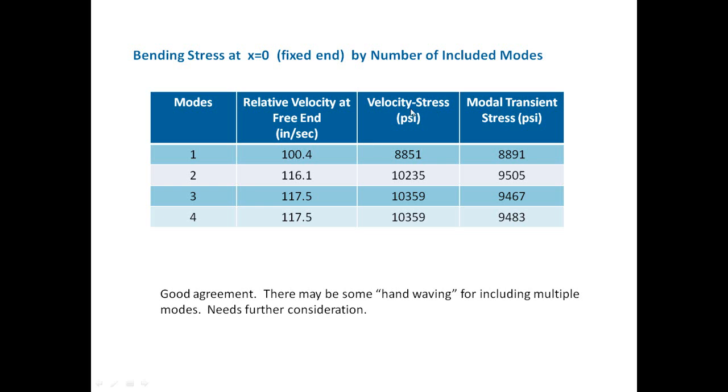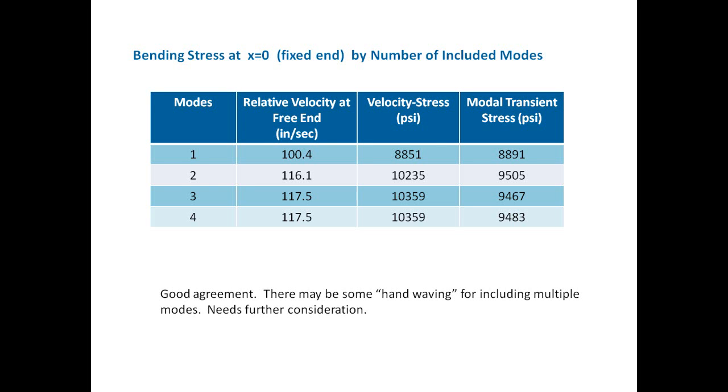But really, this stress-velocity relationship is just intended to give us a ballpark estimate anyway. The idea is that if we do this ballpark stress-velocity calculation and the resulting stress is well within the yield stress, then we say we're good to go, and we don't need to do any further analysis.